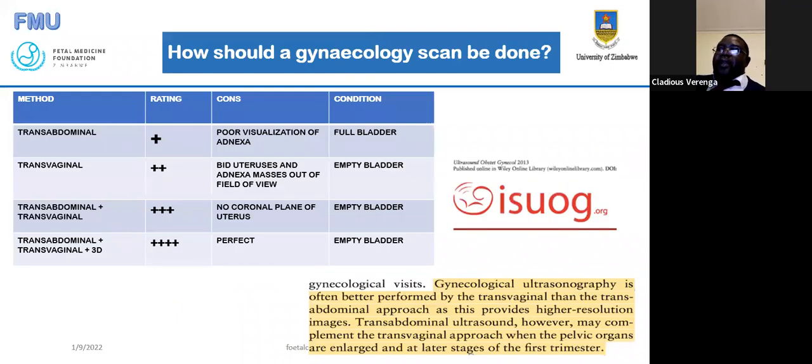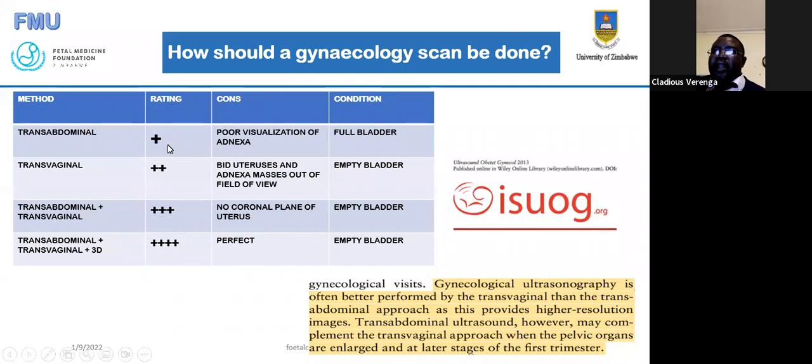So some of you are aware of this slide. I've presented it many times. What I'm trying to emphasize here is that we should aim for the perfect way of doing things, or the best way of doing things.